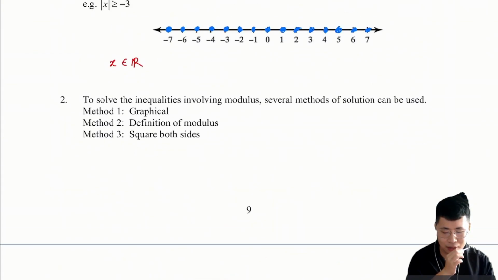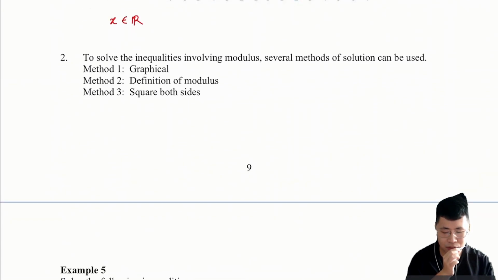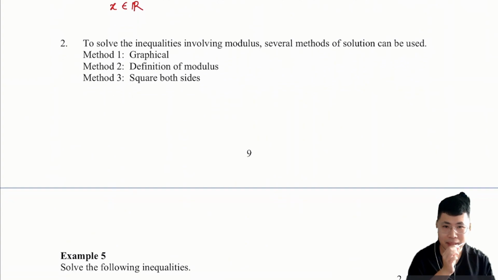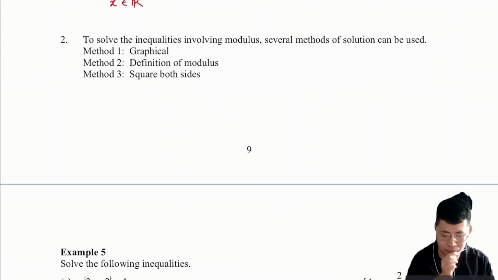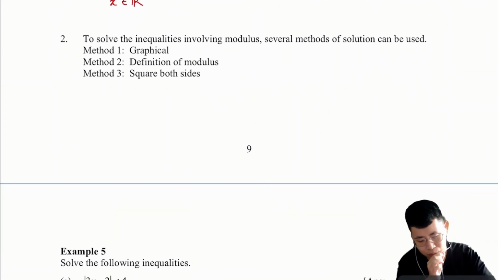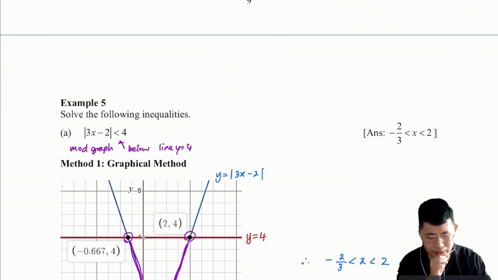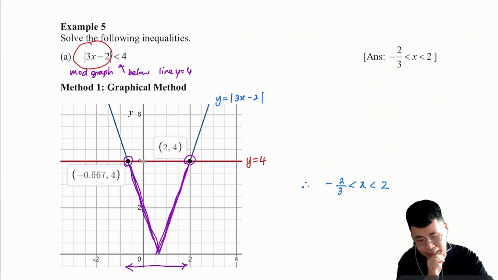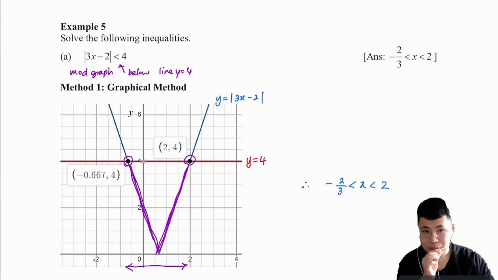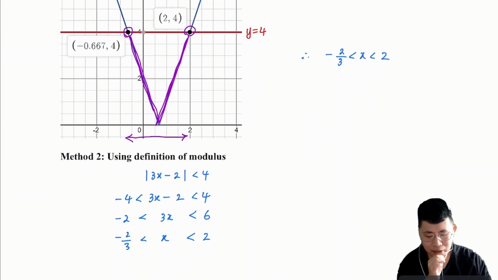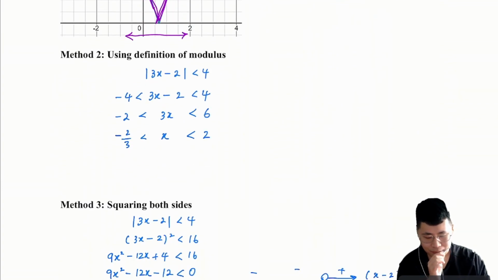Generally we'll solve it with 3 methods: graphical method, definition of modulus, and opening up to non-modulus form, and we can also square both sides. So for the very first case where it is a modulus and a number, we can use all 3 methods, but the fastest method will be using the definition.